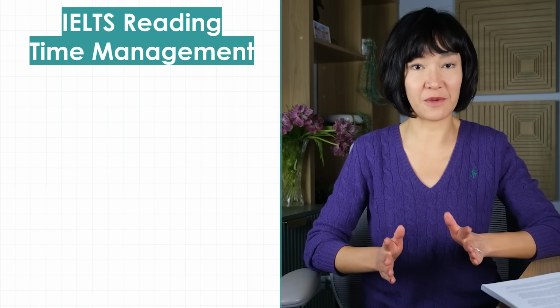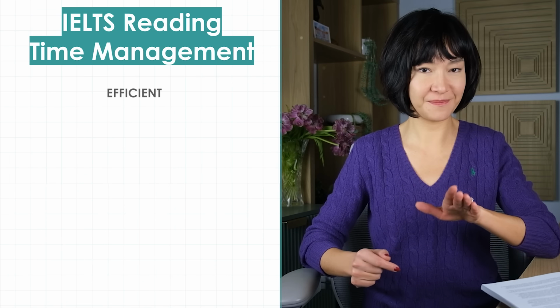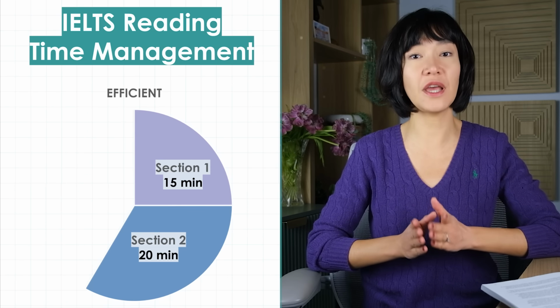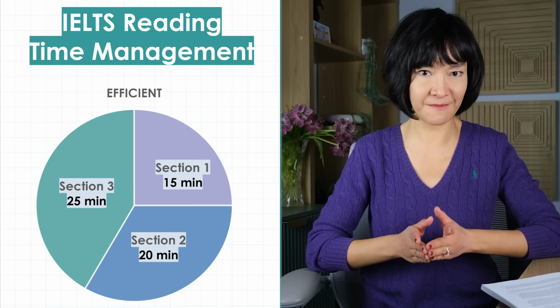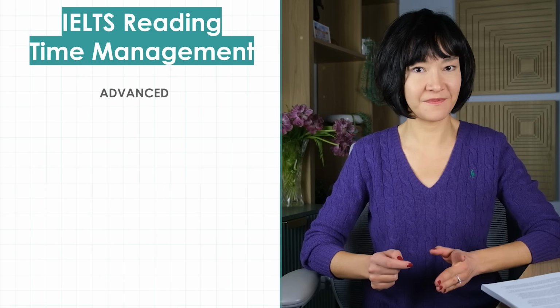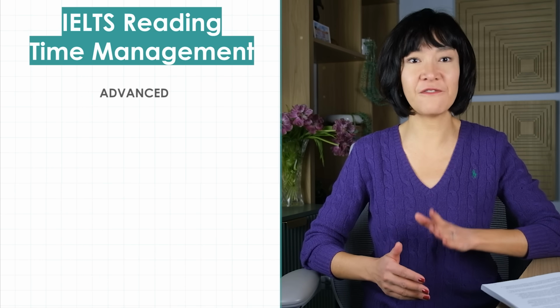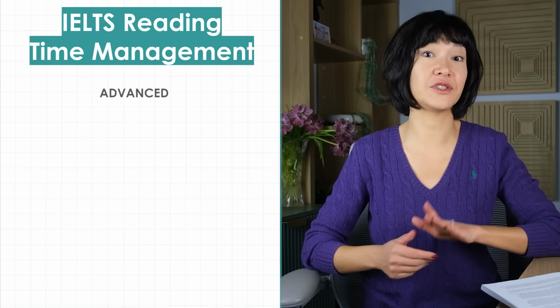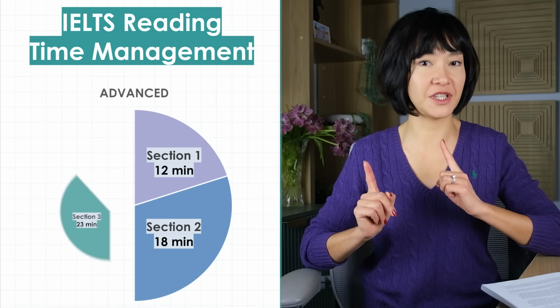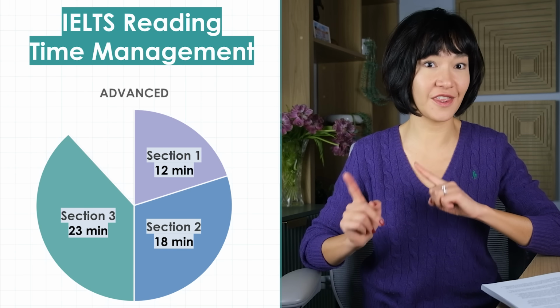A much better approach, if your English allows, is 15 minutes for section 1, 20 for section 2, and 25 for section 3. And if you're aiming for a high band, test yourself with an even faster version. Around 12 minutes for section 1, 18 on section 2, and 23 on section 3.